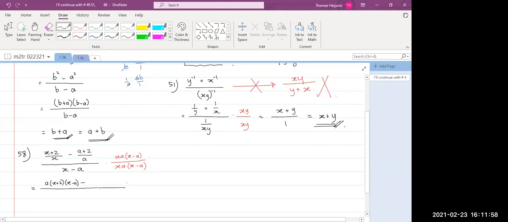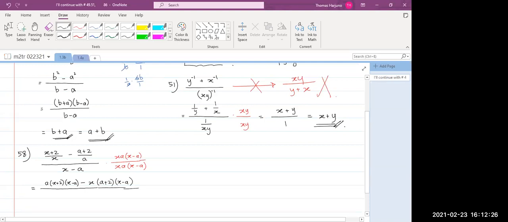And then the top right, multiply by this, the a cancels, so I will have x times x minus a, x times a plus 2 times x minus a.